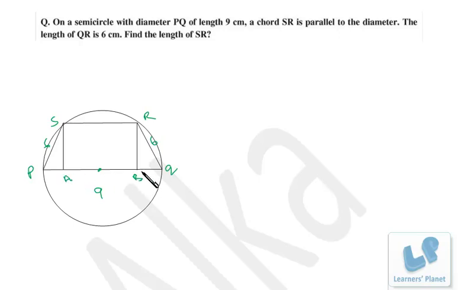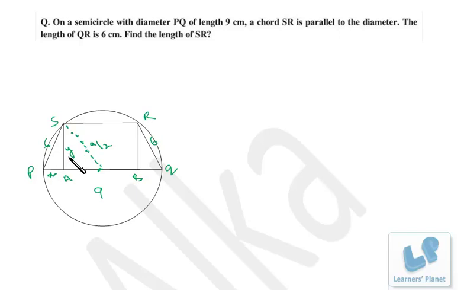So whatever the length of AB, the same will be the length of SR, because ASRB is now a rectangle, right? Now I assume this length to be x and this length to be y, right? And this is the radius of the circle, right? So if 9 is the diameter, radius of the circle will be 9/2, right?